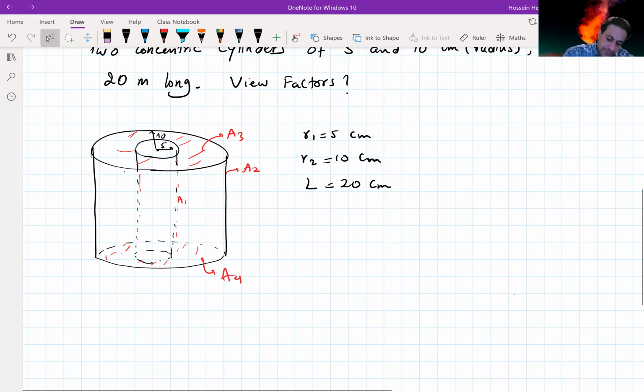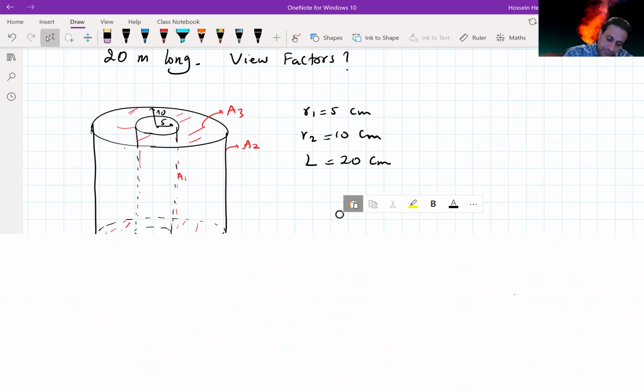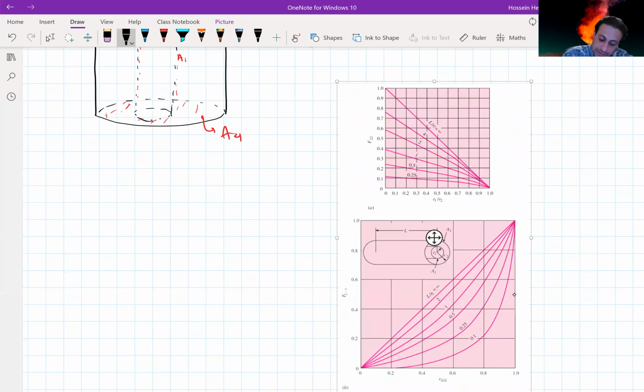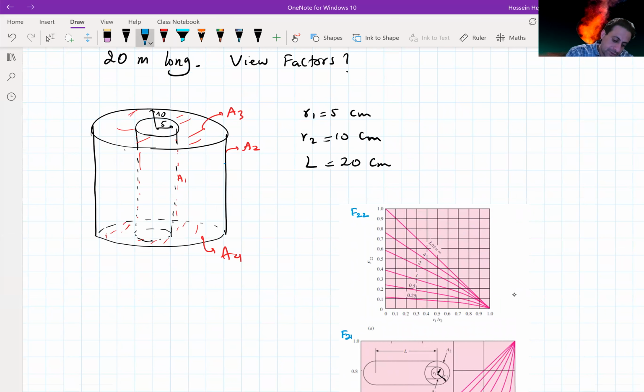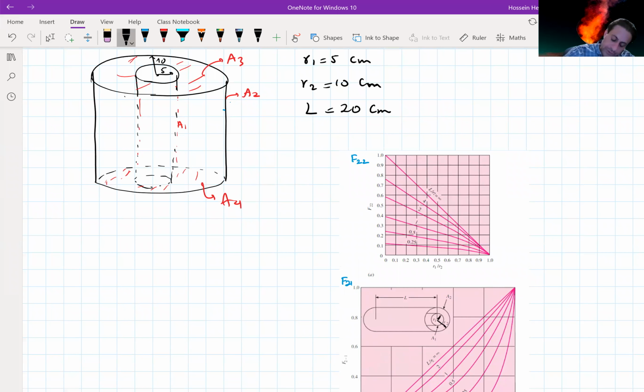Now, for this geometry, there are graphs that we can use, and I'm going to bring one of them here. This is the graph for two concentric surfaces with the radii R1 and R2 and the length L, from which we can read F21 from the bigger cylinder to the inner one, and this one gives us F22, the radiation beams that are leaving this surface and striking surface 2.